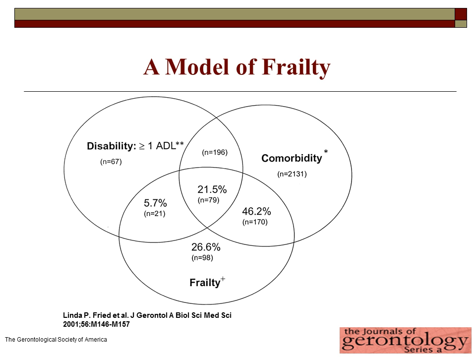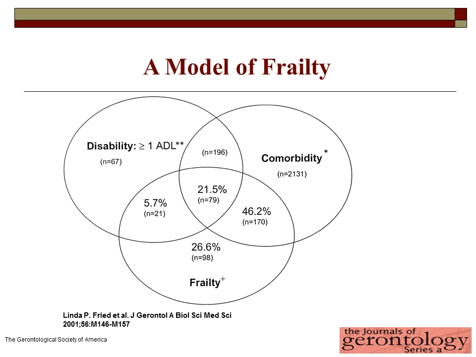This is from the original research done by Linda Fried, who really established this concept of frailty, and she showed how there is an overlap, but not complete overlap, between frailty and disability and comorbidity.